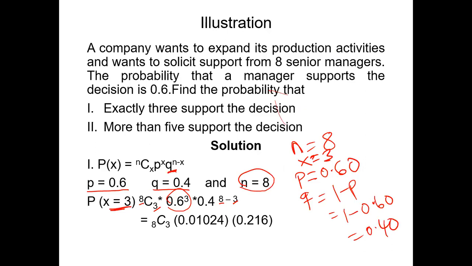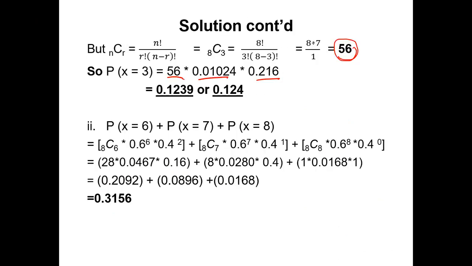Now let's look at the second requirement. Find the probability that more than 5 support the decision. So here, the number of successes X is more than 5, okay? Since we know that the fixed number of trials is 8, it means that we are looking for more than 5.